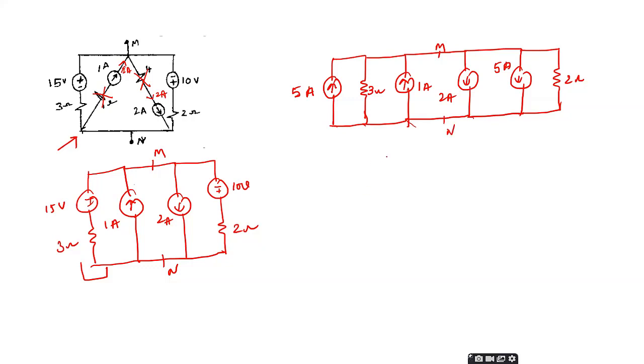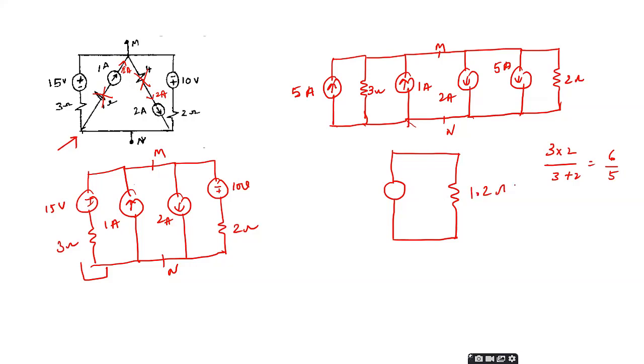Now 3 and 2 are in parallel, and the 4 current sources are connected in parallel, so these 4 current sources can be converted into a single current source, and 3 is in parallel with 2. 3 into 2 divided by 3 plus 2, it is 6 by 5, which means 1.2 ohm.